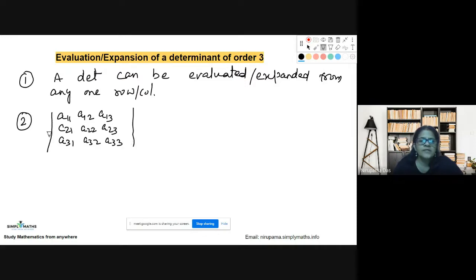If I decide I will expand from here, first row, it means here I can write A11 C11 plus A12 C12 plus A13 C13. It means I am taking here the elements of the first row and the corresponding cofactors, and I am considering the sum of the products of the elements and the corresponding cofactors of the first row.